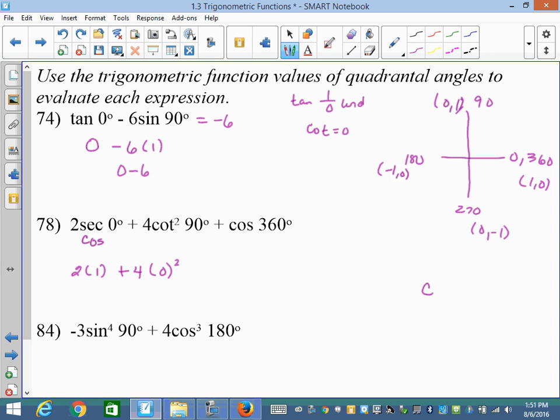If they have cotangent squared of theta, it's the same as cotangent of theta squared. So they want the cotangent value and then they want you to square it. All right, plus cosine at 360. Cosine at 360 is going to be your x over r, but r is 1, so it's 1. So 2 times 1 is 2, plus 0, plus 1 gives us 3.